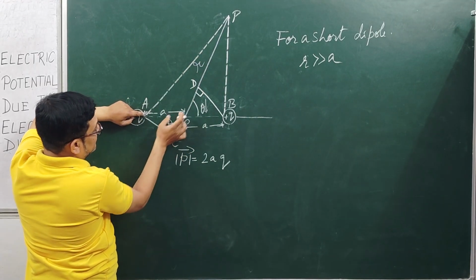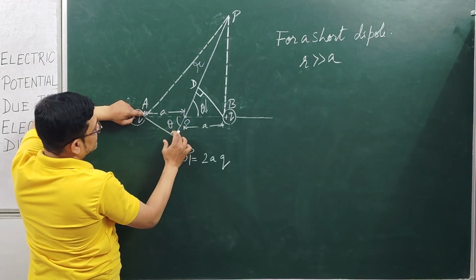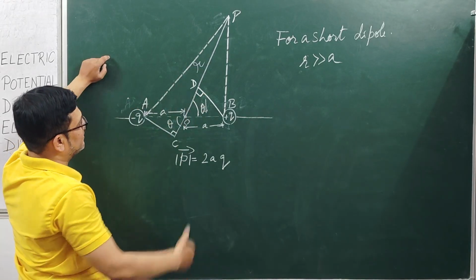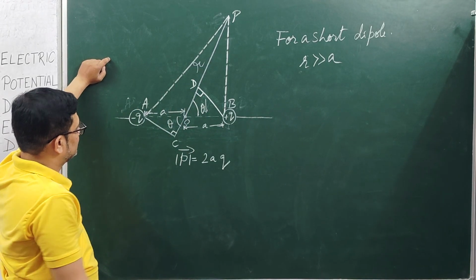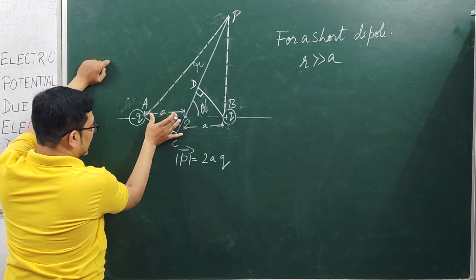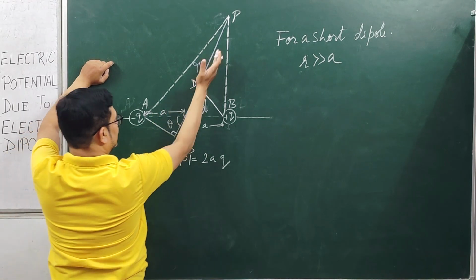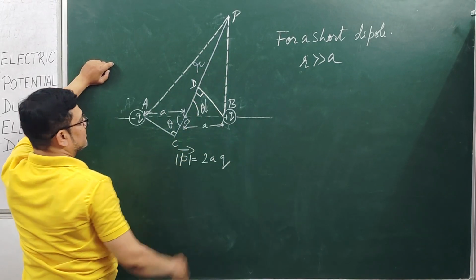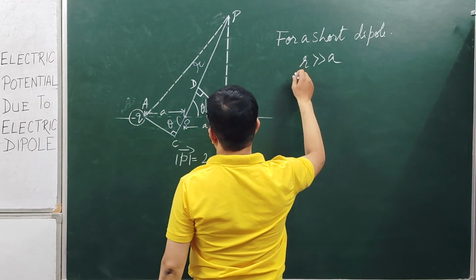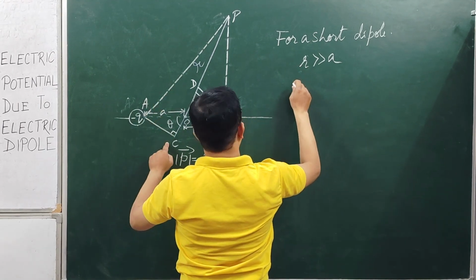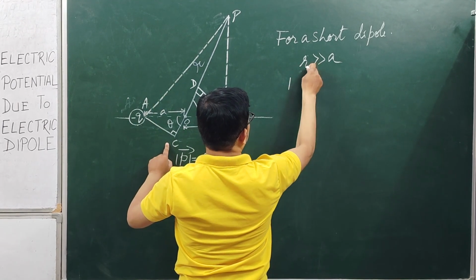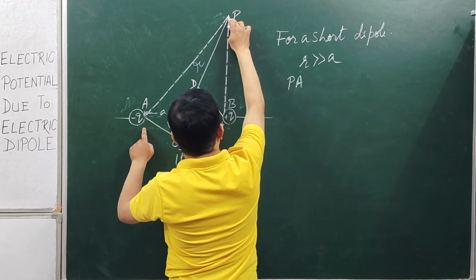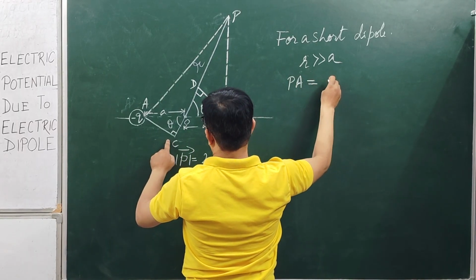The PC is going to become the same as PA if R is very much greater than A. So in triangle APC, if this is the condition, this PA that we are interested in would become PC.